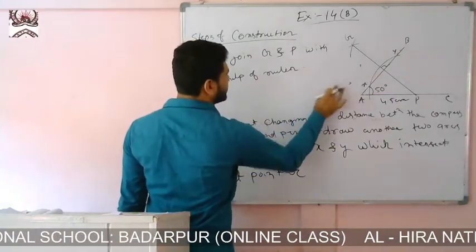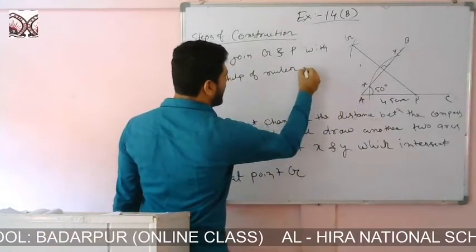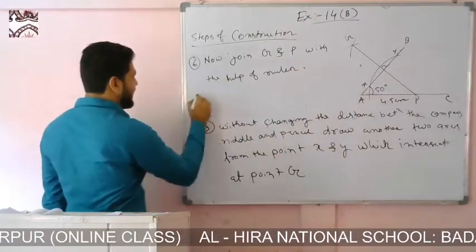Okay, with the help of a ruler. If you join, then you will get number 7.